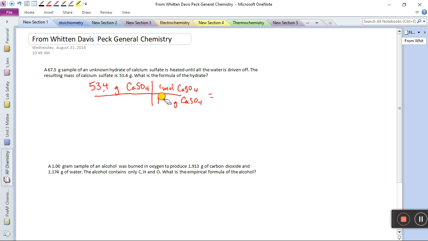Okay. All right, this is why we have multiple people try things, because our math would not have worked well. So how many moles of calcium sulfate will this be?